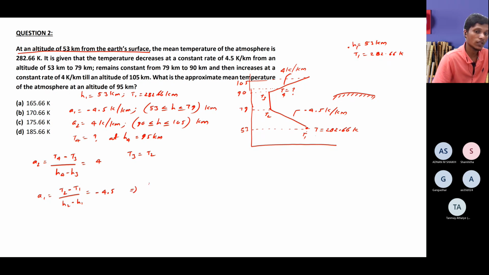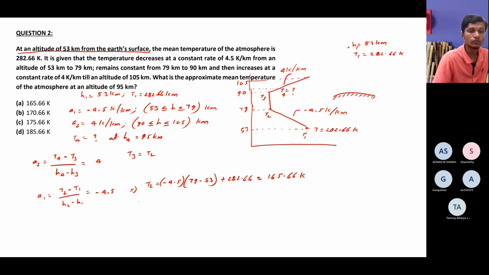If you simplify, you will get T2 equals minus 4.5 times 79 minus 53 plus 282.66, and that will give you your T2 value as 165.66 Kelvin. Now you have your T2 value, because you know your altitudes H2 as 79, H1 as 53 and your T1 also.